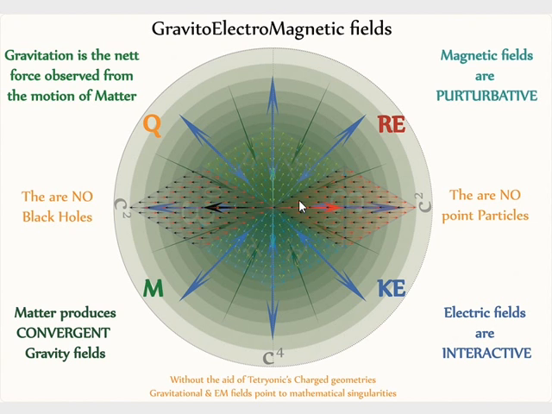It doesn't pull it in one direction or the other or accelerate it like the electric field does. What the magnetic dipole will do is perturb it. It will move it in an odd geometry. It won't accelerate. It'll just change the orbit slightly.